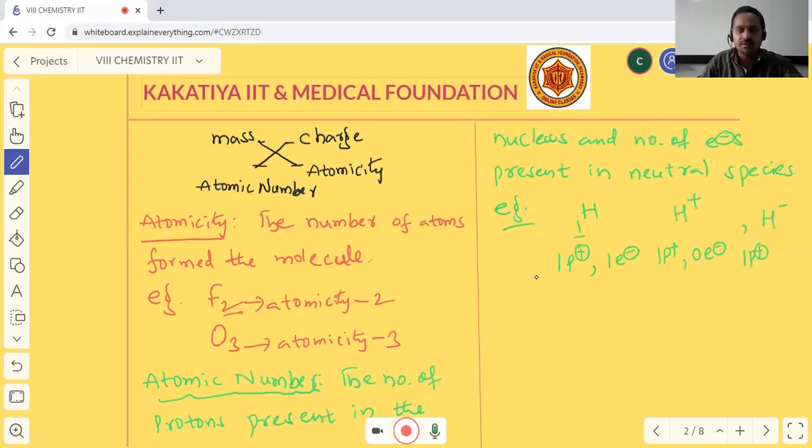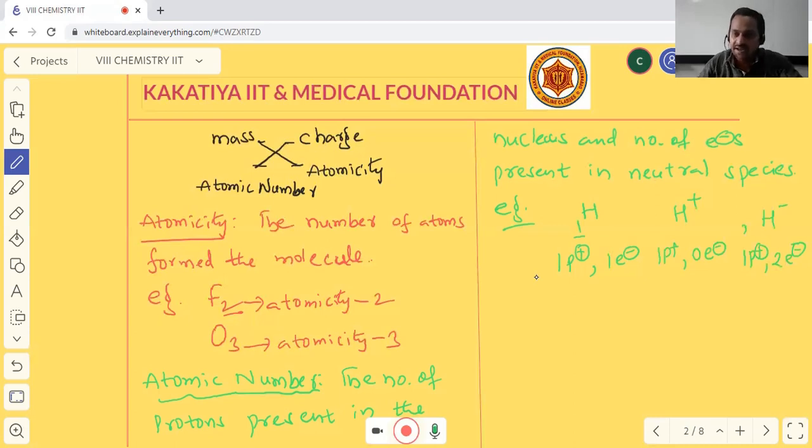We cannot change the number of protons because they are inside the nucleus. Dividing a nucleus needs a lot of energy. In simple atoms like this we cannot divide the nucleus, but big nuclei can be divided. We can study that in higher classes. Here 1 proton is fixed, and there are 2 electrons.